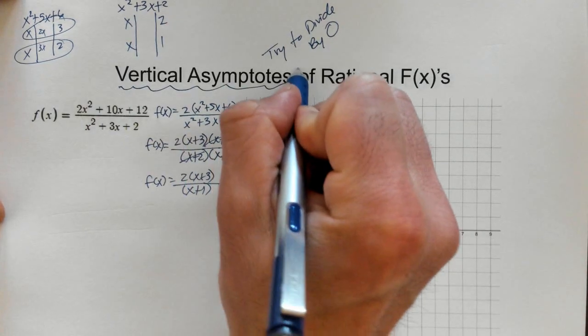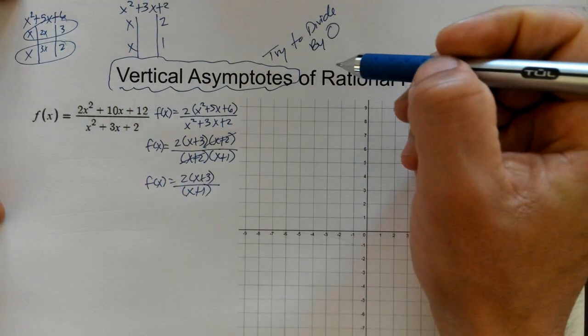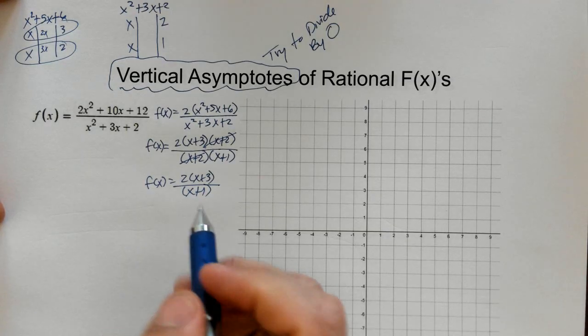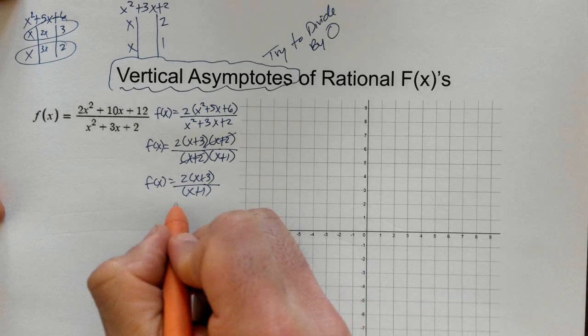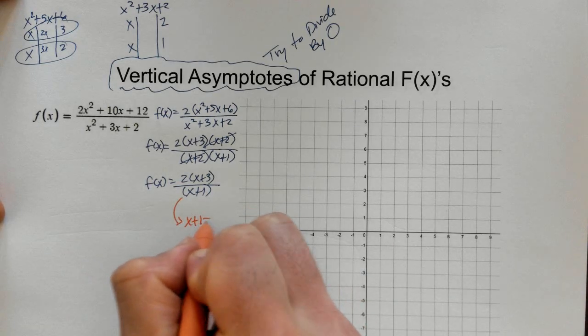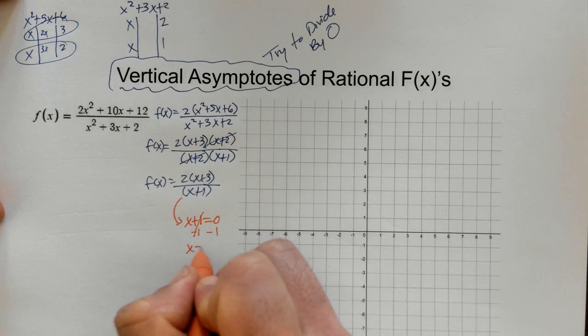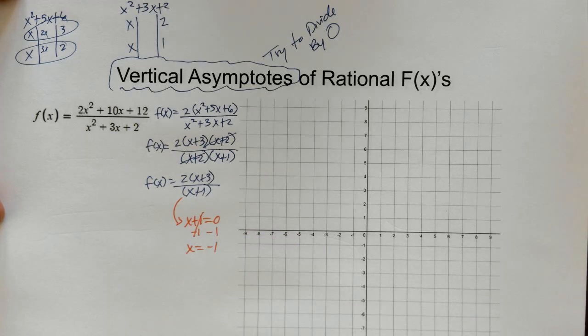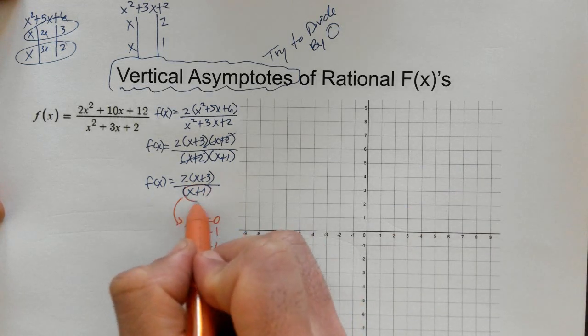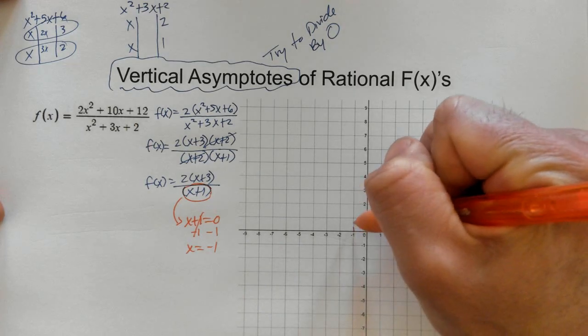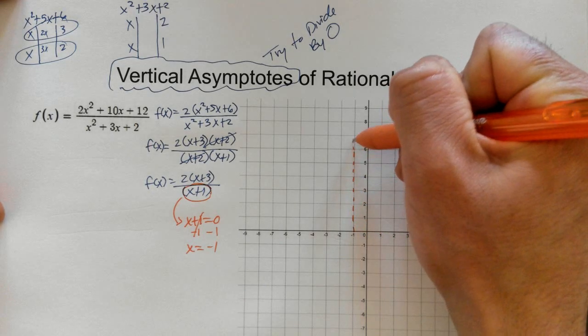Anytime you try to divide by 0, you're going to get an imaginary boundary, an imaginary line, right? So I start by looking at the denominator. I set the denominator equal to 0, and I can find out exactly what number the graph will create an asymptote. I know that there's going to be an imaginary line when this part is equal to 0. So at -1, I'm going to have an imaginary line.